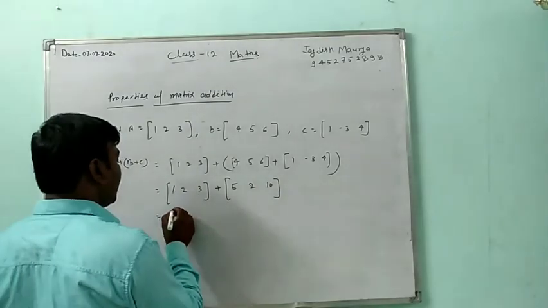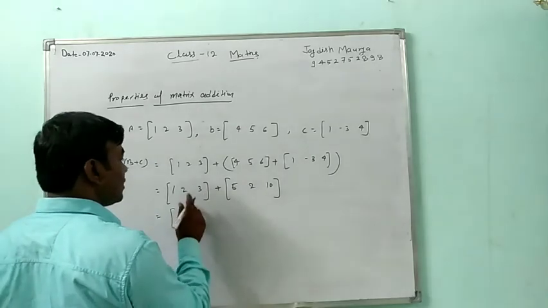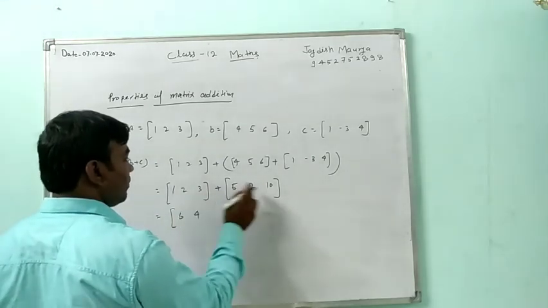Now this will come 1 plus 5, 6, 2 plus 2, 4, 3 plus 10, 13.